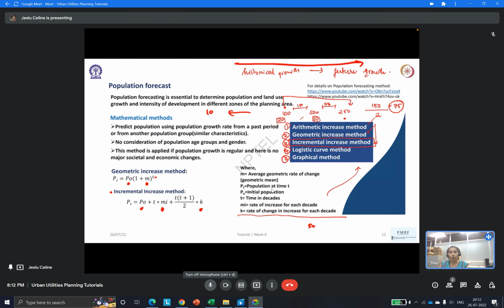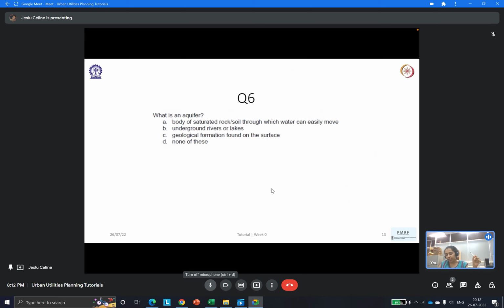So now we move on to the last question for today, that is, what is an aquifer? We discussed the stormwater recharge structure. In that we saw how filtration is happening between the surface and the groundwater. And why this filtration is required is because whatever stormwater or surface level water that we are getting is impure.